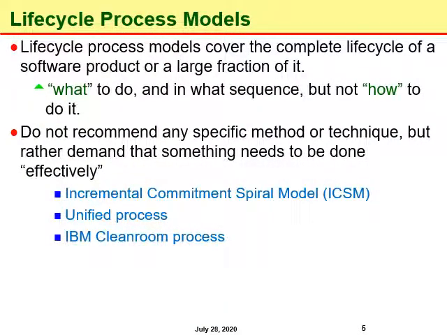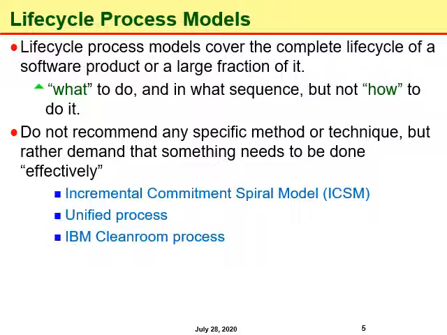So here we start our discussion on life cycle process models. Life cycle process models actually cover the complete life cycle of a software product, or a large fraction of it. That is, the activities specified in these models continue throughout the life of the software system.